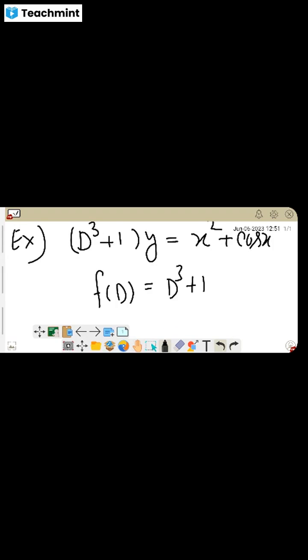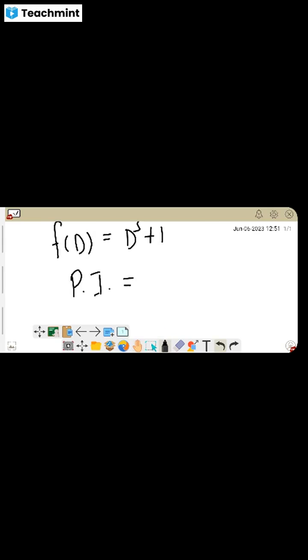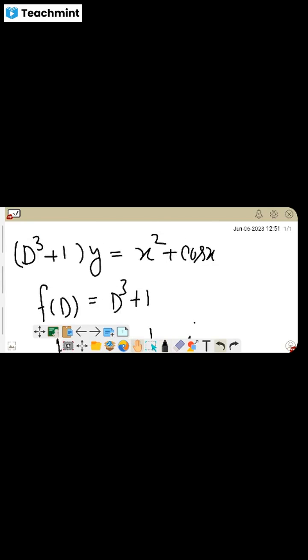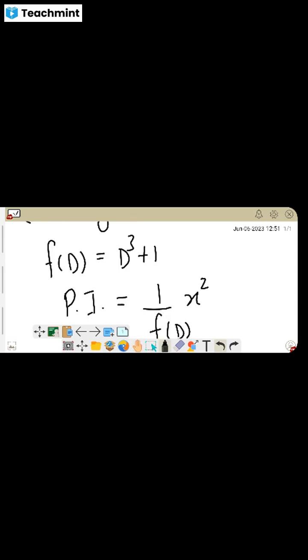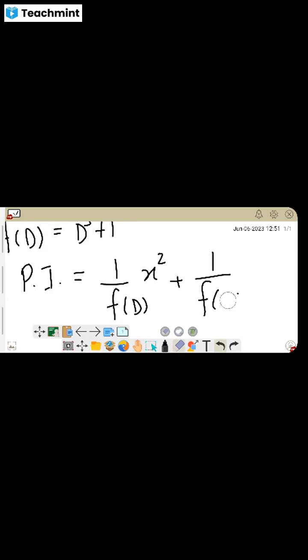So fd is here dq plus 1 and pi is equal to 1 upon fd into x to the power, this is x square, and plus 1 upon fd of cos x.